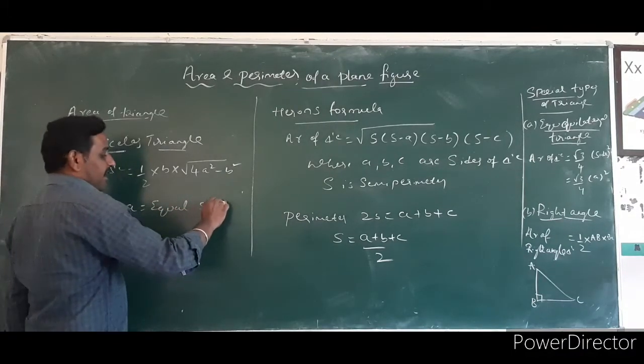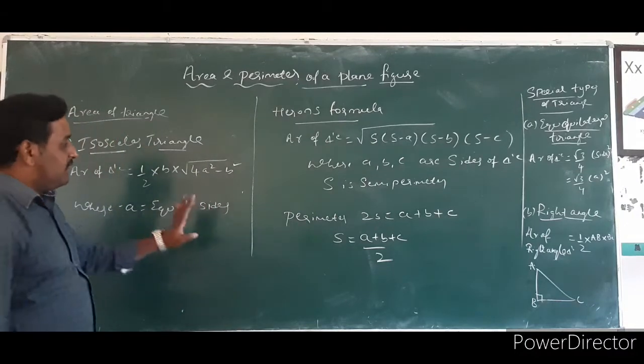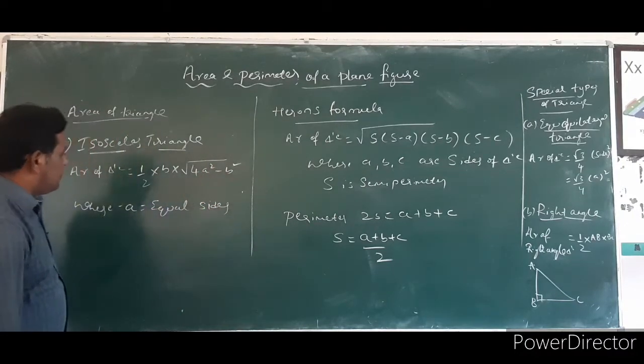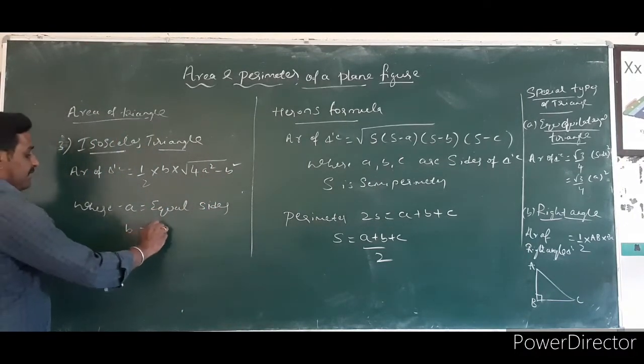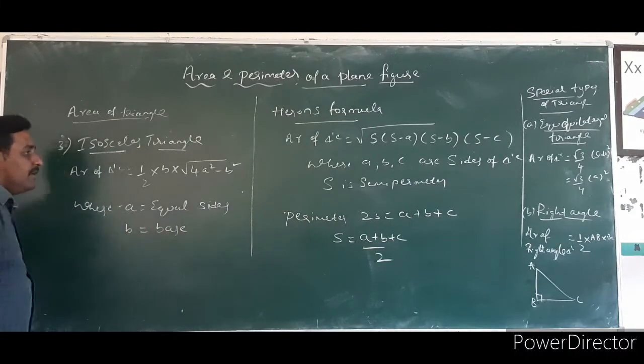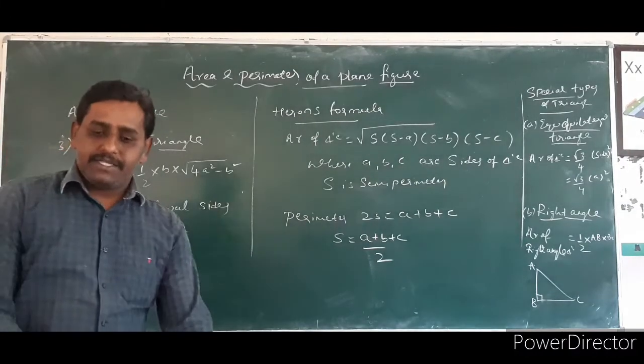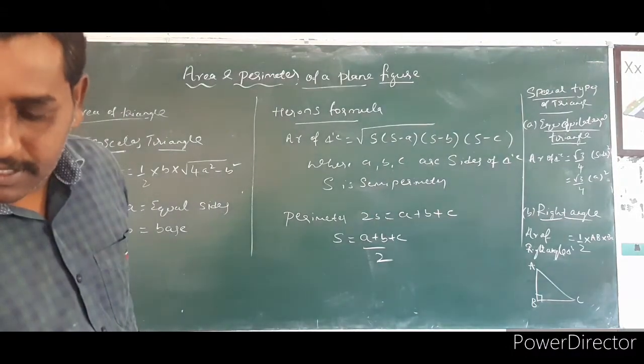Isosceles triangle means two sides are equal. That a represents the equal sides, and b represents the base, the length of the base.